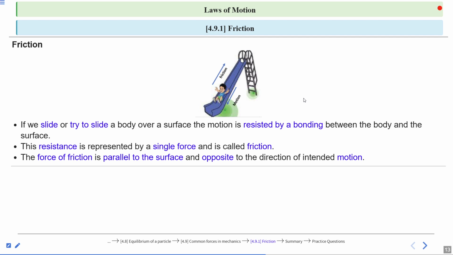Clear? So the direction of friction and the direction of motion are opposite to each other.